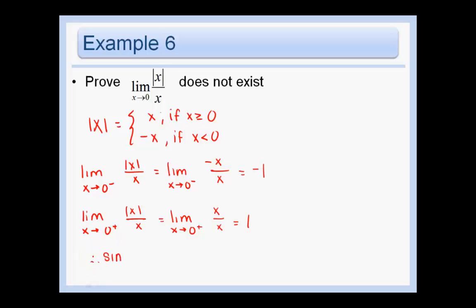Therefore, since the limit as x approaches 0 from the left does not equal the limit as x approaches 0 from the right, we can say that the limit as x approaches 0 of the absolute value of x over x does not exist. DNE for short is fine.